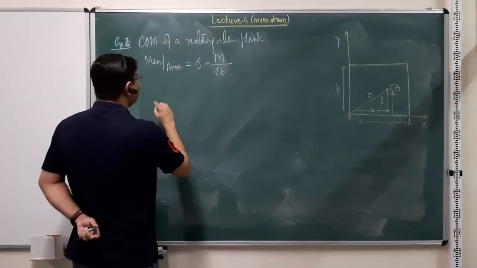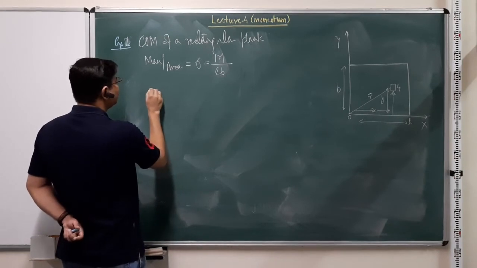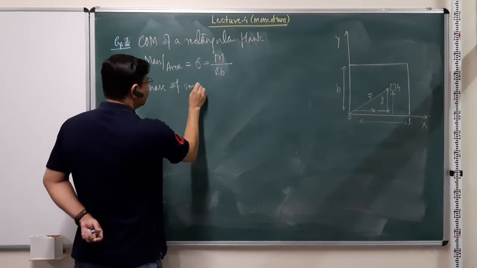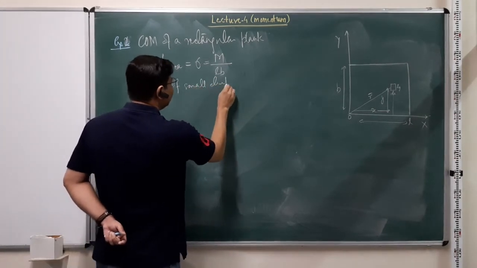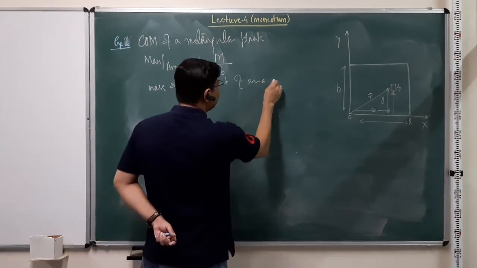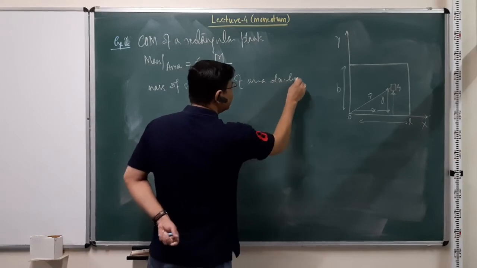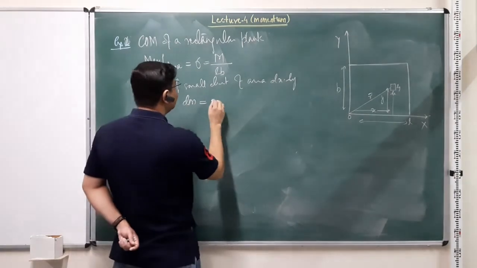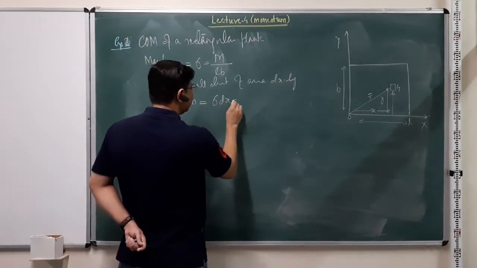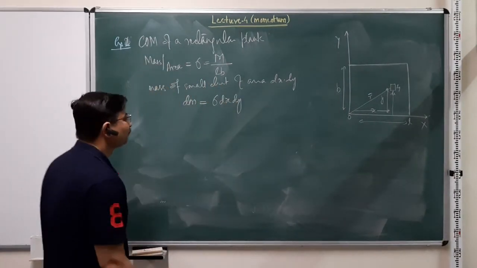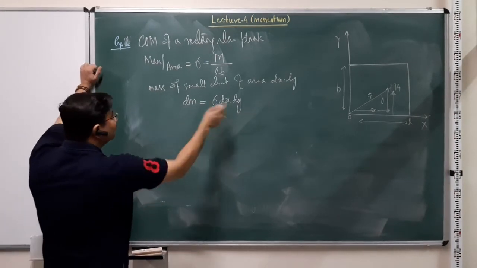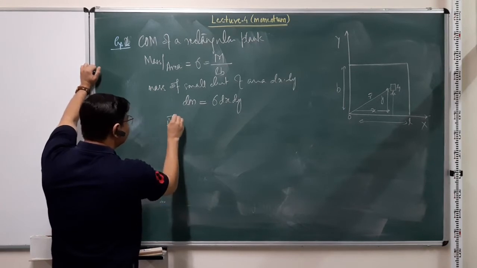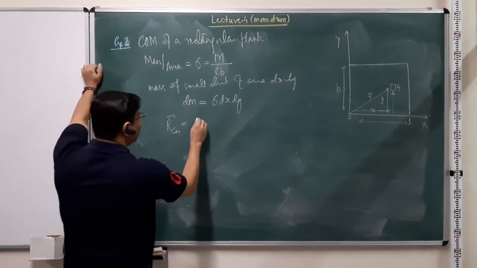If this is the mass per unit area, then the mass of a small element of area dx into dy, that is my dm, is equal to sigma dx dy. And if this is the mass of the small element, then now I can write down the RCM as an integral.